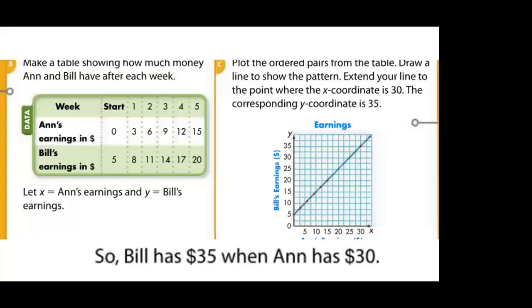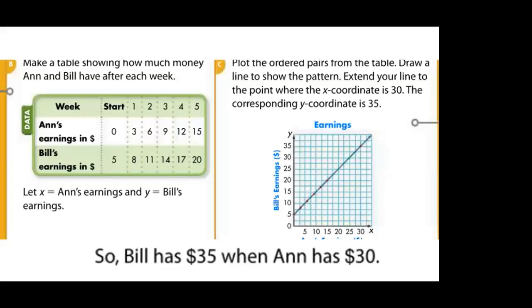Let X equal Ann's earnings and Y equal Bill's earnings. So I advise you here, in any table, try to make a table format of two basic rows. Make the first one X and the second one Y. The upper one X and the lowest one will be Y.